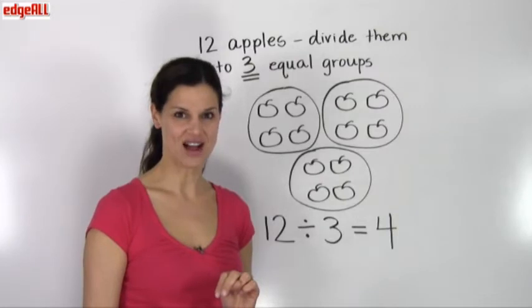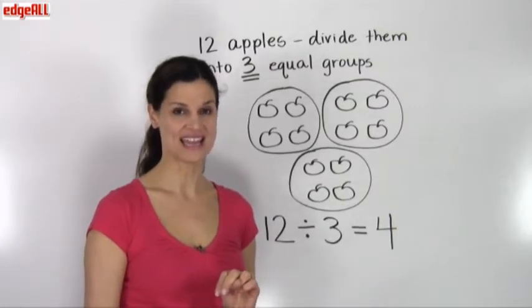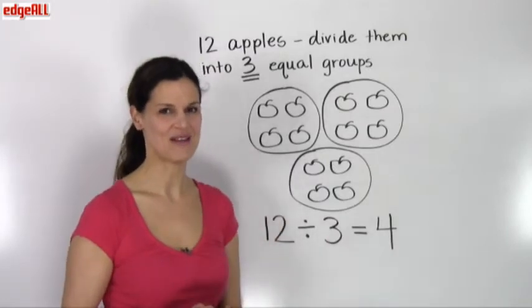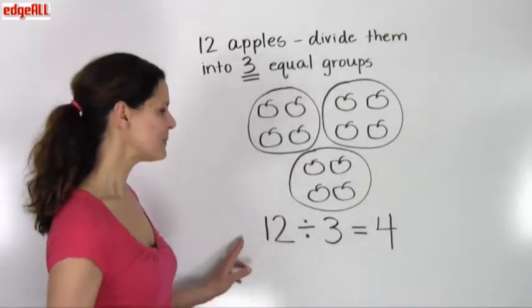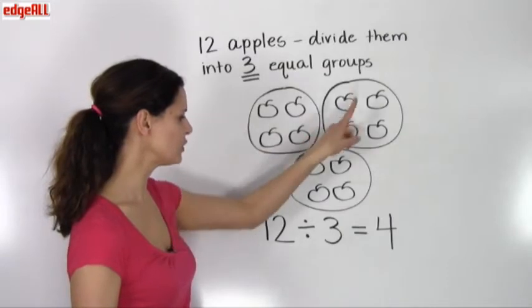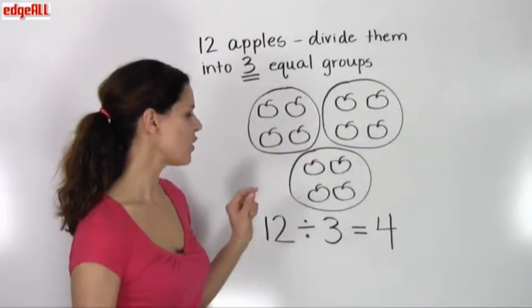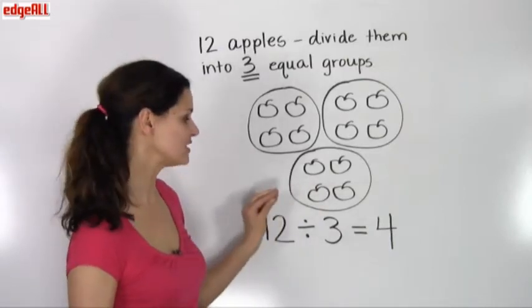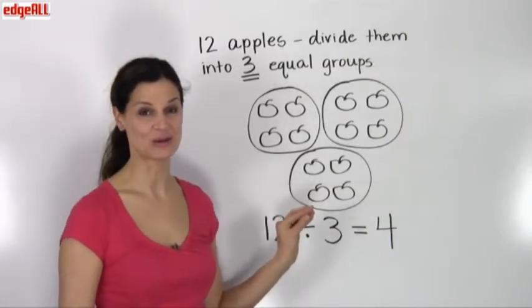Or we could divide 12 apples into 6 groups of equal number of apples per group. So depending on the number of groups you make, you are going to get a different number of apples in each of your smaller groups.